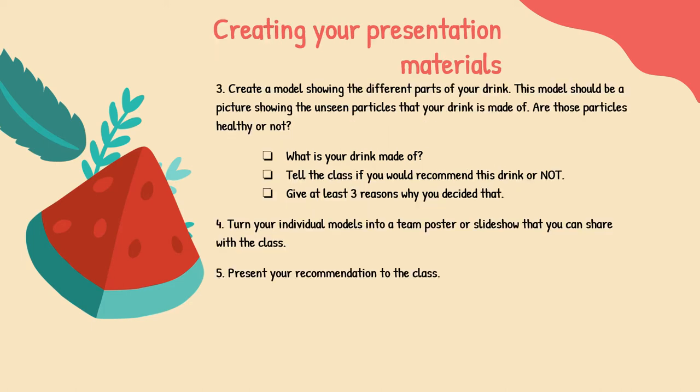On the back of their thinking guide, there's a place where each student can create a model showing the different parts of their drink. This model should be a picture showing some of the unseen particles that the drink is made of. So if we're talking about orange juice, there are going to be some particles in there that you don't really see that the drink is made of. Different tiny chunks of oranges perhaps.